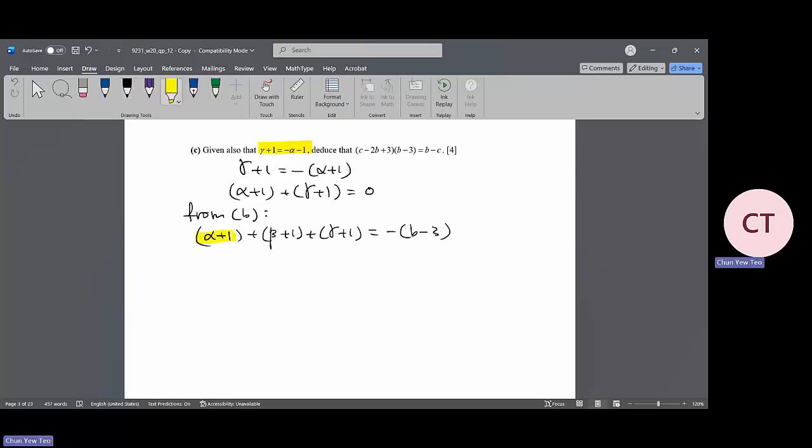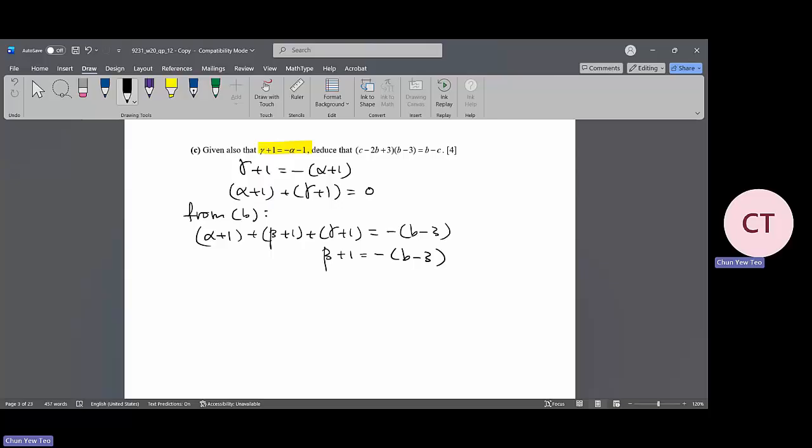But because alpha plus 1 plus gamma plus 1 adds together to 0, we just need to say that beta plus 1 is equal to this. I don't plan to write it as 3 minus a because you can see that I have a minus 3 here, so I just leave it as negative bracket, a minus 3. Okay, this is the sum of the three roots.